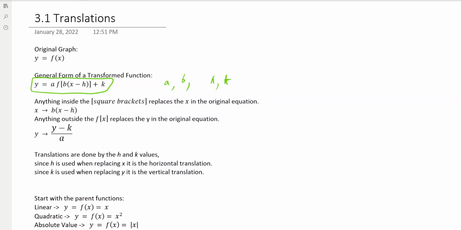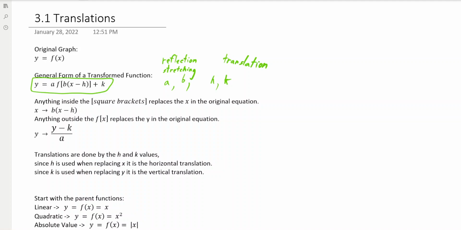Now, a and b are the reflection constants and the stretching constants. h and k are the translation constants. So those are the ones we're going to be looking at today.